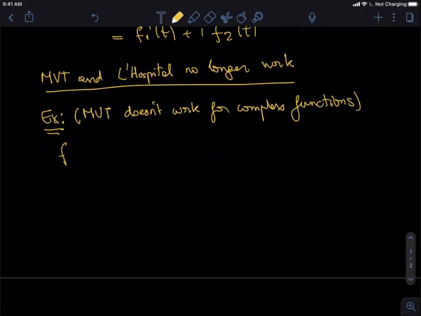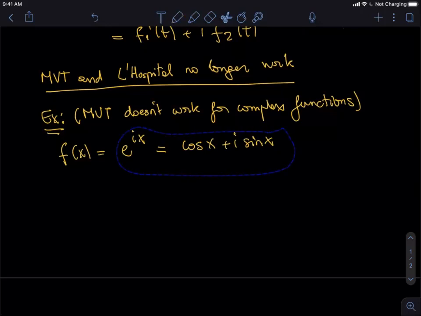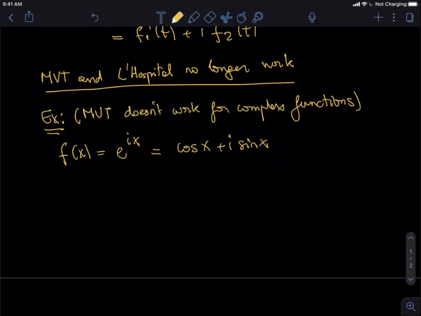The counterexample in this case is f of x equals the exponential of ix, which is by Euler's formula cosine of x plus i sine of x. This is sometimes taken as the definition of the complex exponential. Depends on the book you are reading.